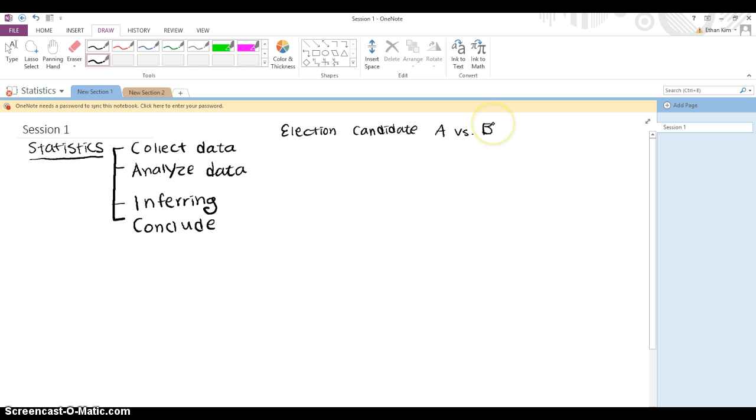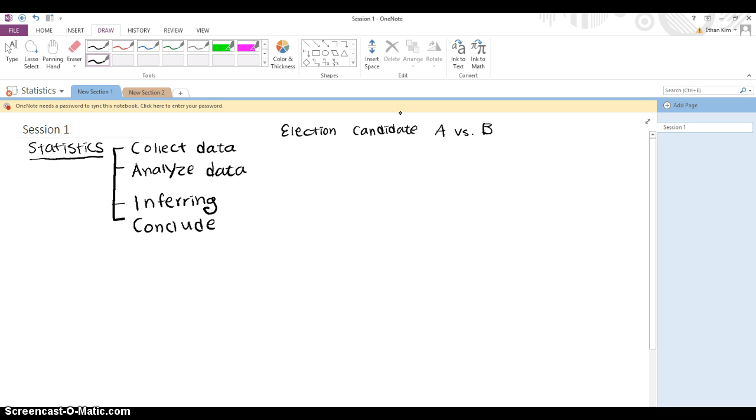That's what we're trying to find out, right? These two candidates are running for some kind of election, let's say presidential election, make it more dramatic. So they're running for a presidential election and they're trying to collect data and use statistics to make a conclusion, right?